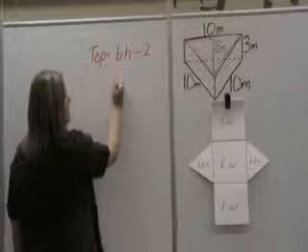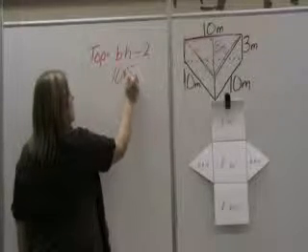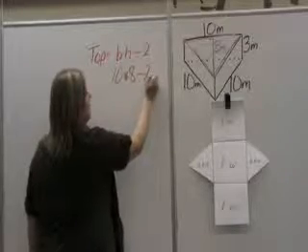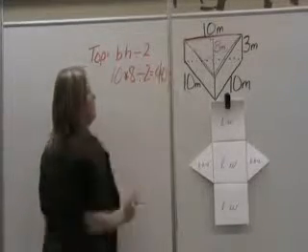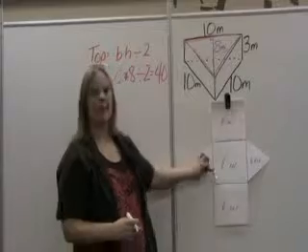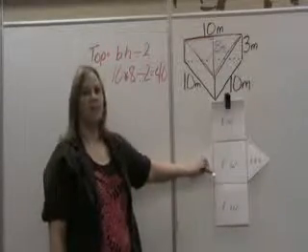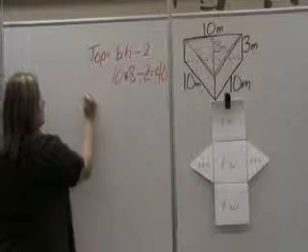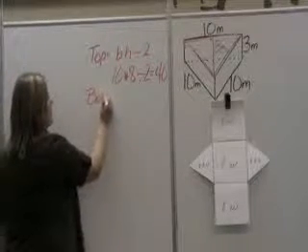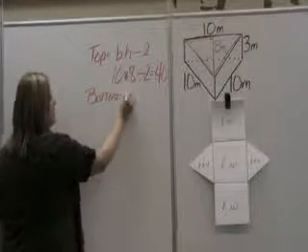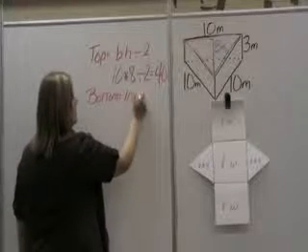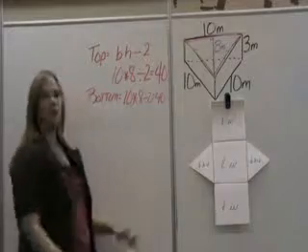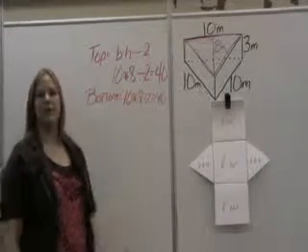So I will do 10 times 8, which is 80, divide by 2, and I get 40 meters squared for my top triangle. Since this is a prism, my bottom triangle will be the same. So I have 2 40 meters squared.